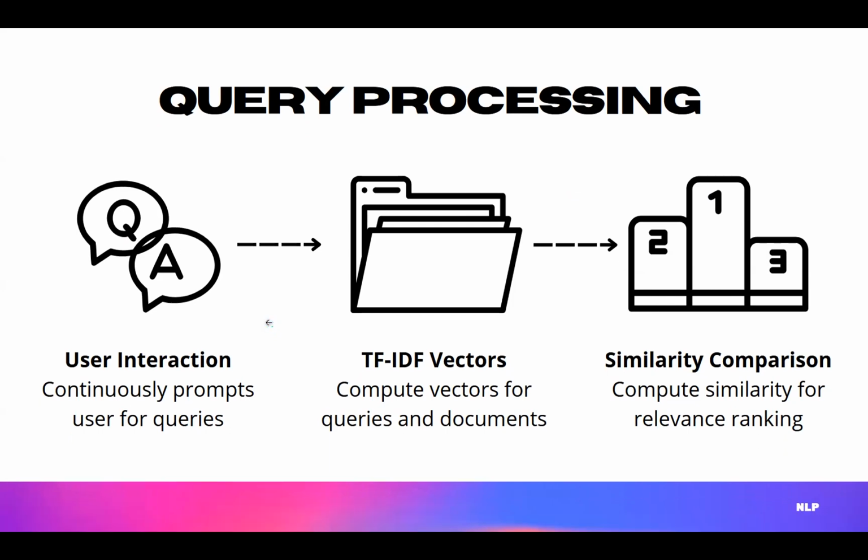So in our program we use a query, as we're gonna see with the demo later. The user can enter prompts and it automatically returns a list of results from the data set.